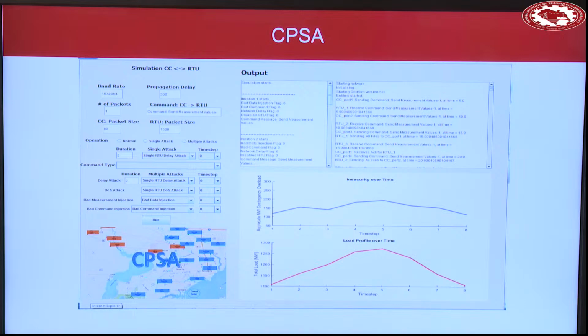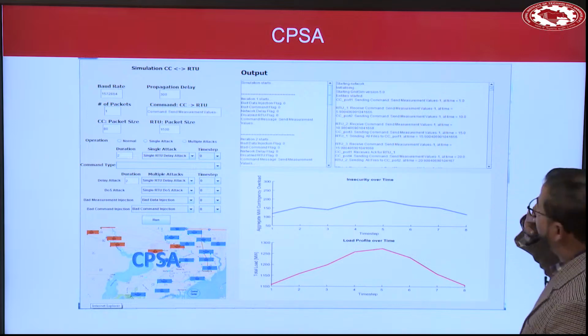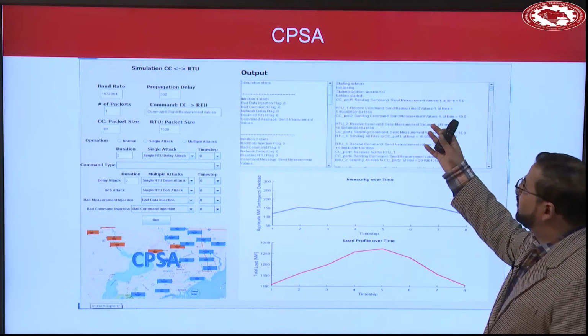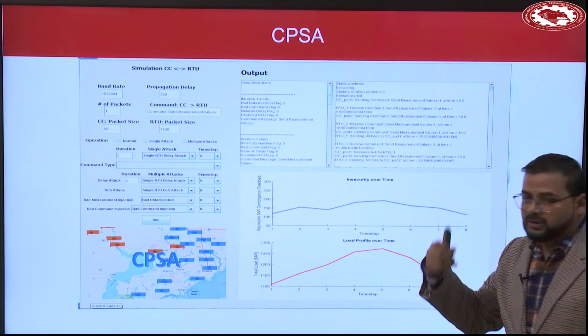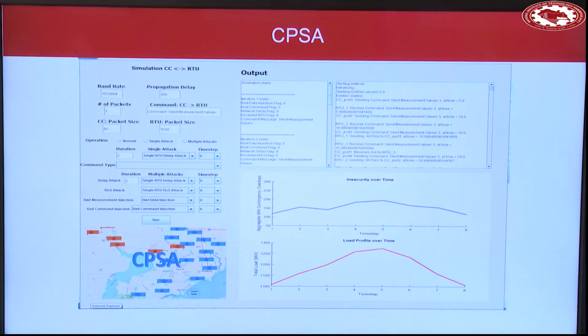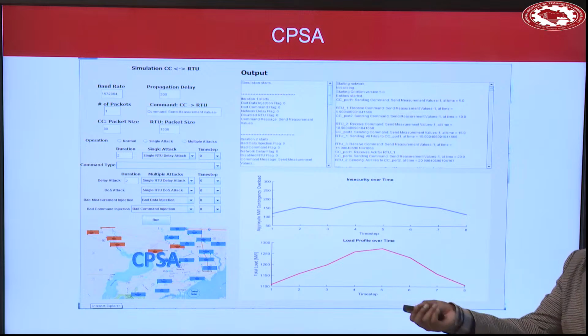You consider topology, and you are, in a way, collecting some logs. So in a normal scenario, the control center sends commands to all the substations. I think in this case we considered around 12 substations, if I remember correctly. So you are sending a poll request.